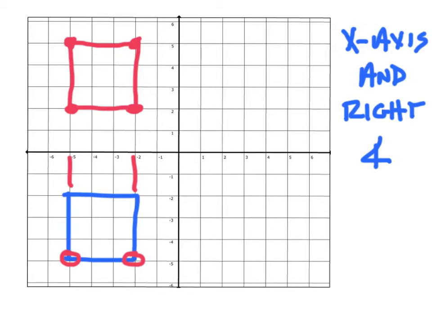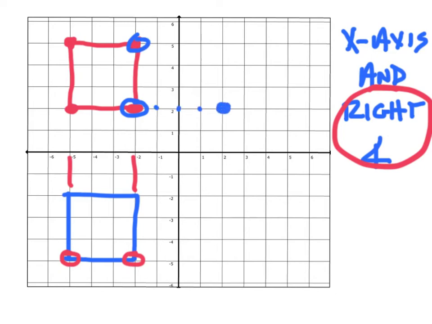Now the directions say to move to the right 4 places. Now remember, you're not reflecting now, you're just moving. So if you go 4 places with these 2 dots, you're going to have 1, 2, 3, 4. So they will end up there. And remember, these side lengths, you have 3 of them.